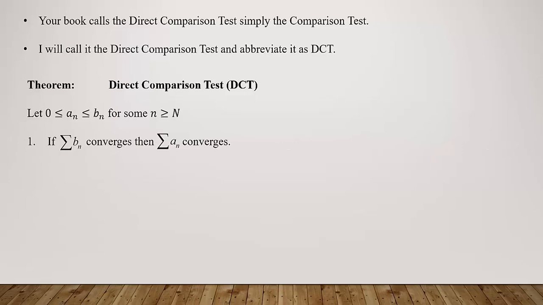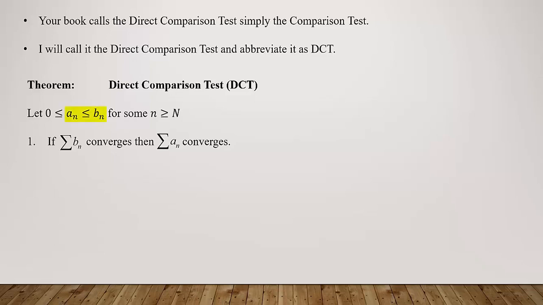I hope so, because that's the first part of the direct comparison test. If the series b sub n converges, then the series a sub n converges. Logically, that makes sense. If you know the series b sub n converges, something that is smaller than it must also converge.